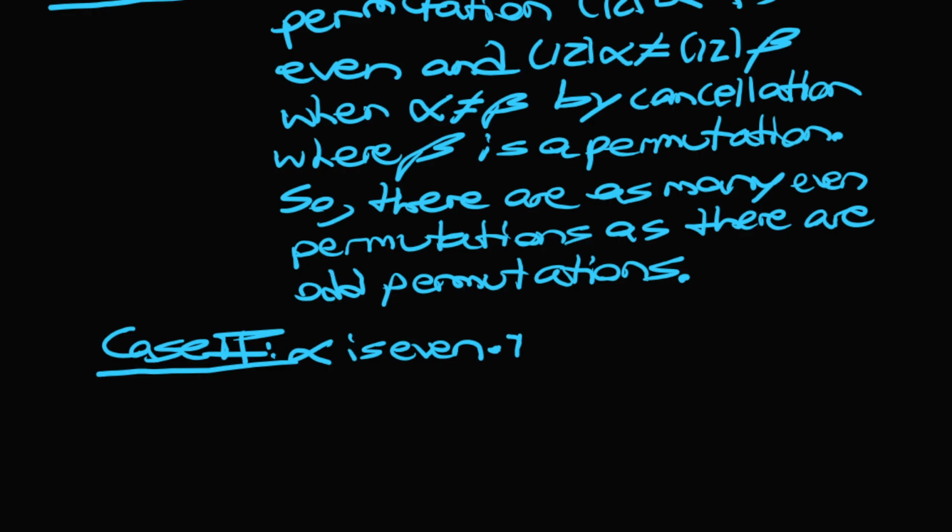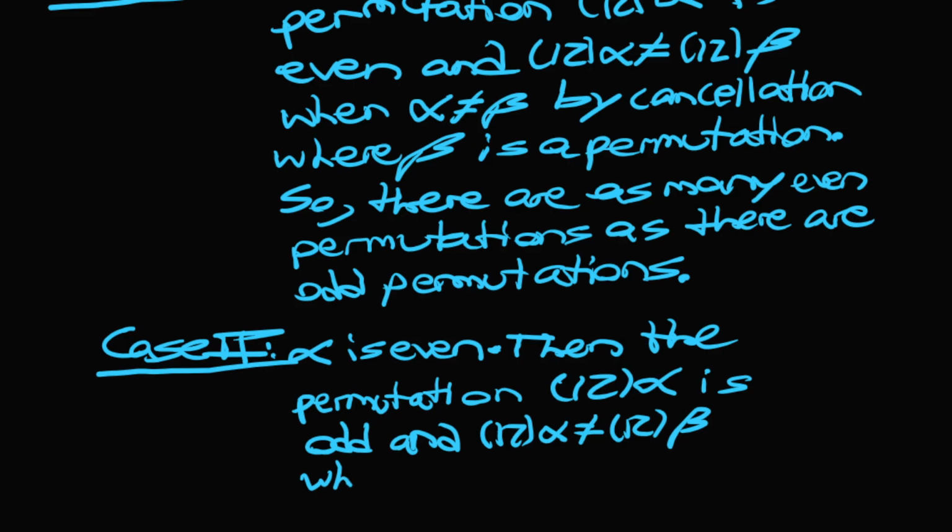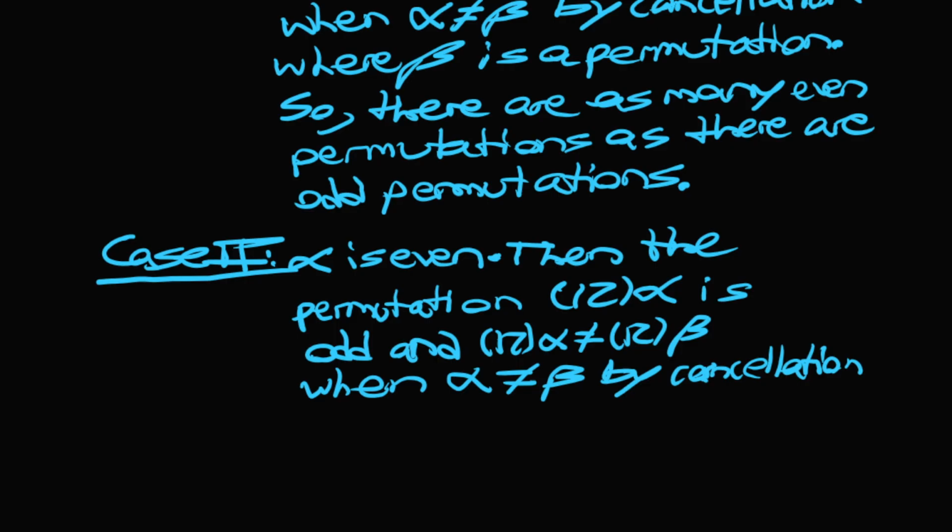So now, then the permutation 1, 2 alpha is odd, and 1, 2 alpha does not equal 1, 2 beta when alpha does not equal beta by cancellation, where beta is a permutation.